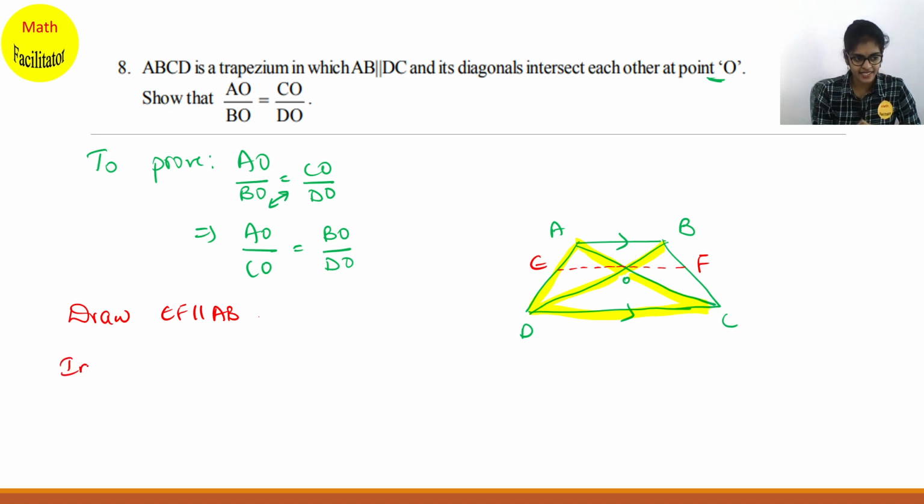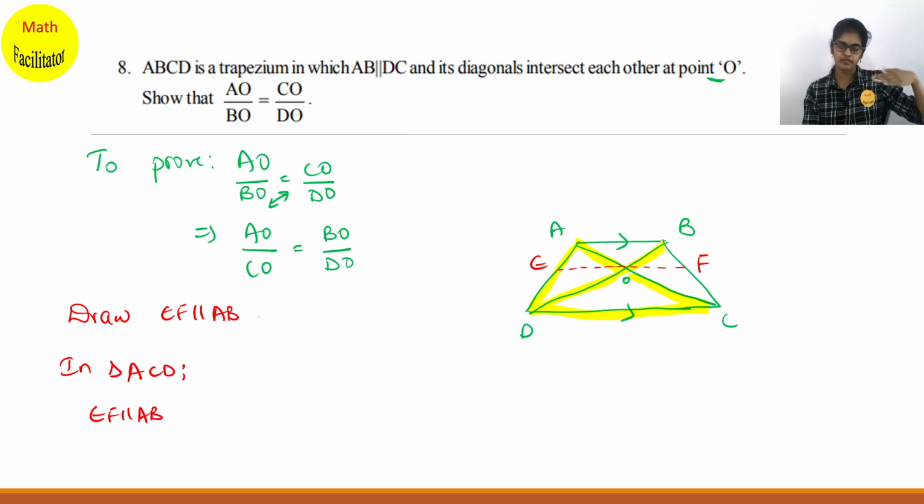See, in triangle ACD, so EF is parallel to AB, isn't it? This line EF you have drawn parallel to AB. So EO is also parallel to AB. Yes or no? EF is parallel to AB, so this part EO is also parallel to AB.